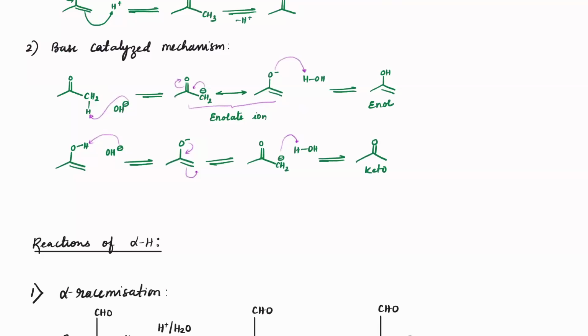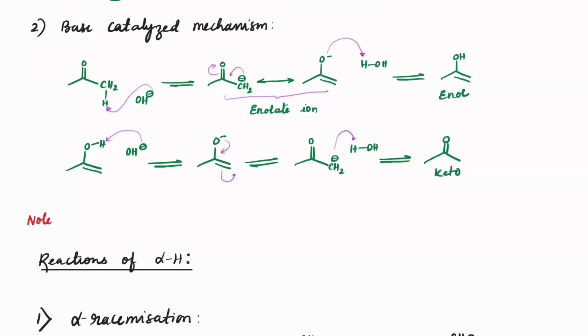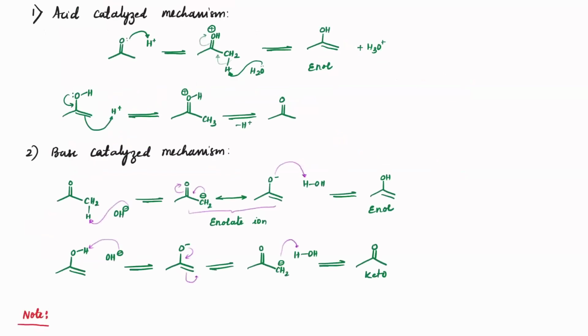Note one important aspect here. Between acid catalyzed and base catalyzed mechanism, which is much better? Please check that part here. In the acid catalyzed case, there is a certain carbocation character because the pi bond can shift onto oxygen, which gets positive charge. So formation of this enol is less likely to happen, which means the rate will be slower. While in the base catalyzed mechanism, there is no such carbocation formation.